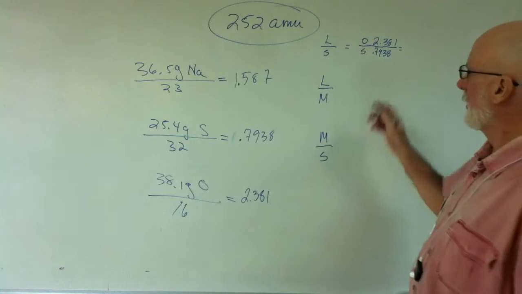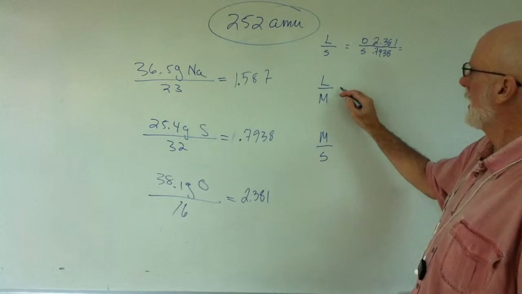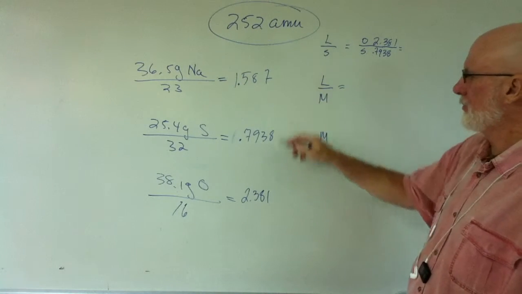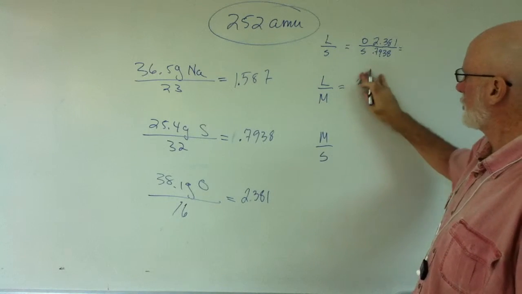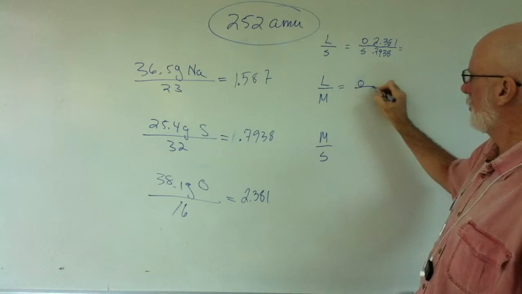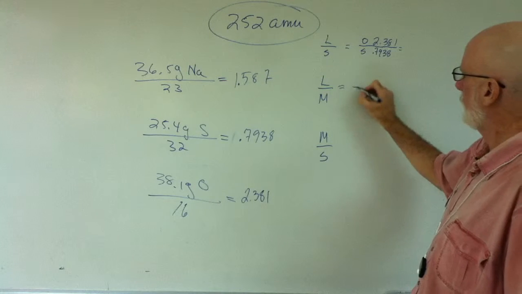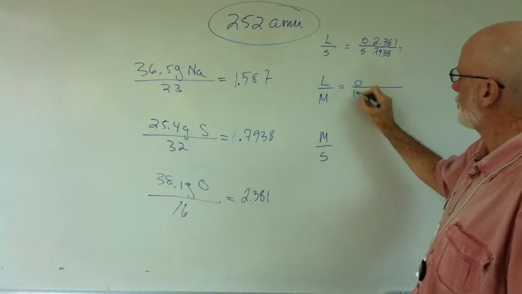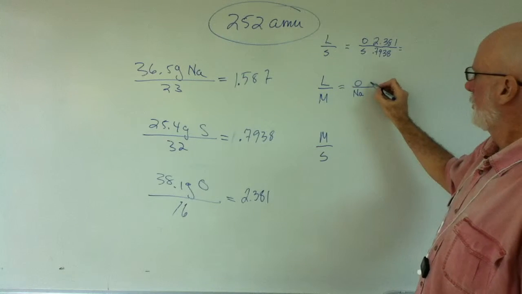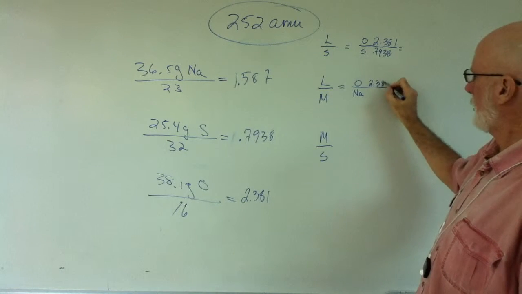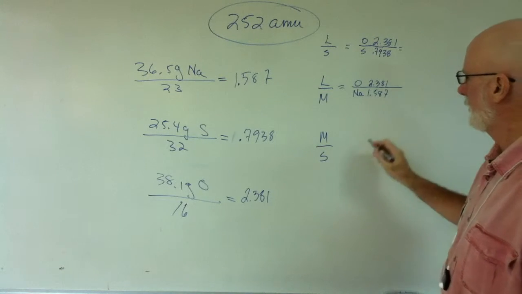Then you gotta come up with a ratio, okay? Now, bring it out to hundredths place. Just do hundredths place. All right, now, largest over medium. Oxygen over what? Sodium. Good, thank you. Oxygen over sodium. And that's going to be 2.381 over 1.587.